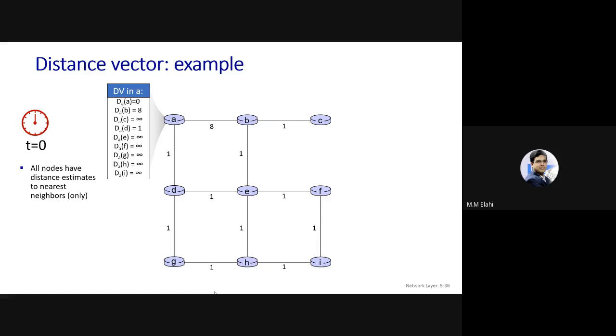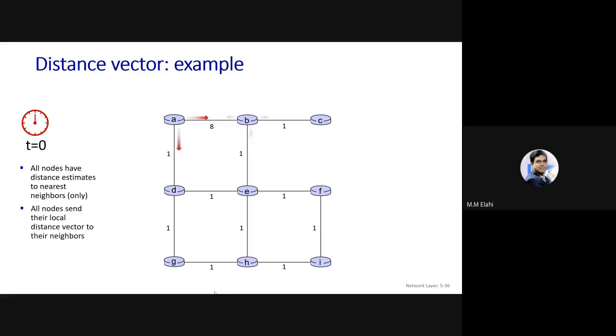Okay. So likewise, every node will calculate its own distance vector, and what is shown here, after initialization, every node will send an update to its neighbors. You can see this by the red thick arrows. So A will send an update to D and B, right?